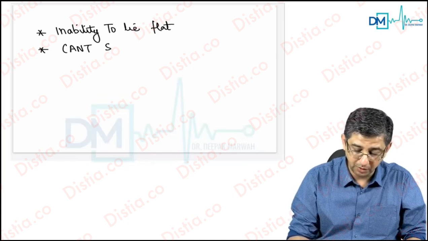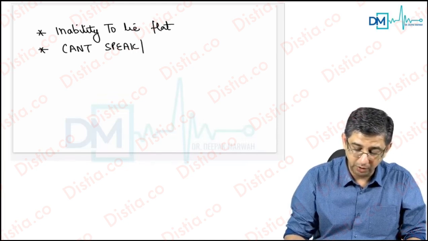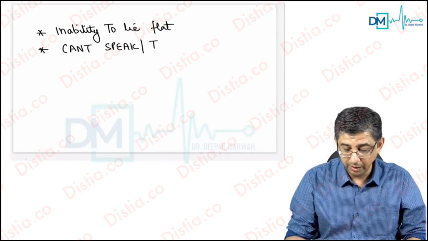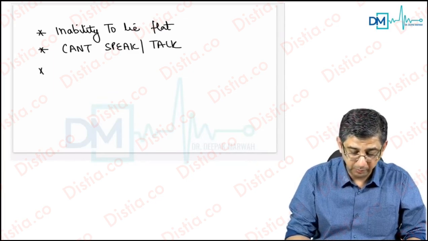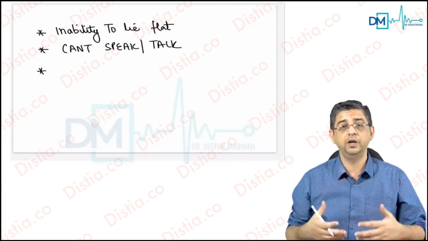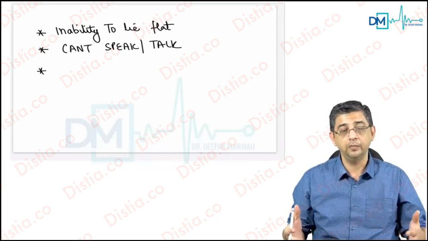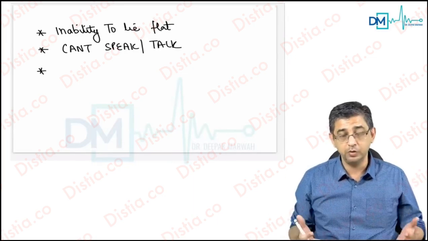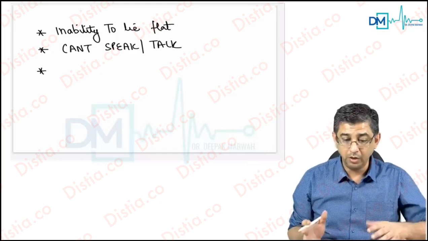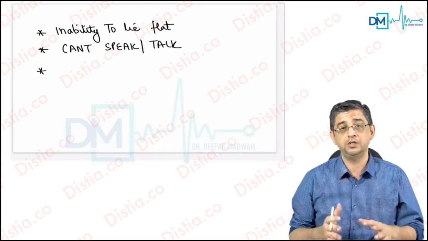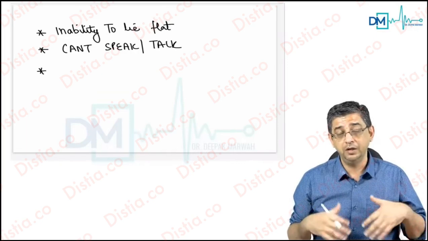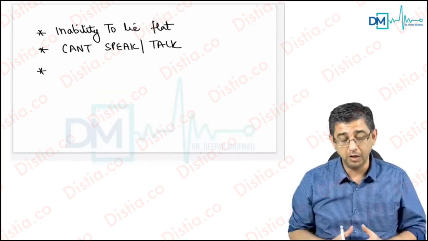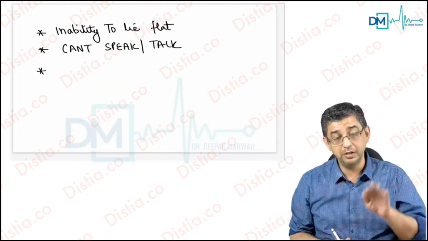Person can't speak or can't talk at all. He cannot even say that I am breathless. Like, if a person is very breathless, he might pant like this and say, I am not getting breath. Now, this chap can't even talk, and the person is not even agitated. Hypoxia makes a person angry, but in the later part of illness, you start having carbon dioxide narcosis, because carbon dioxide depresses the brain.